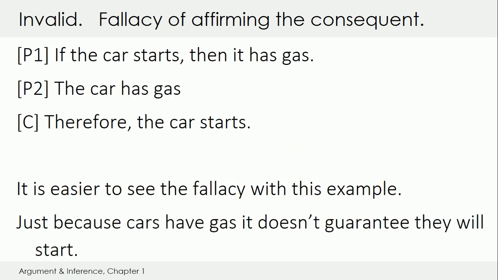Here, this example is a little bit easier to see the fallacy of affirming the consequent. Premise 1, if the car starts, then it has gas. Premise 2, the car has gas, therefore the car starts. Is that true? No. Because you can obviously see there could be a trillion other things wrong with the car.